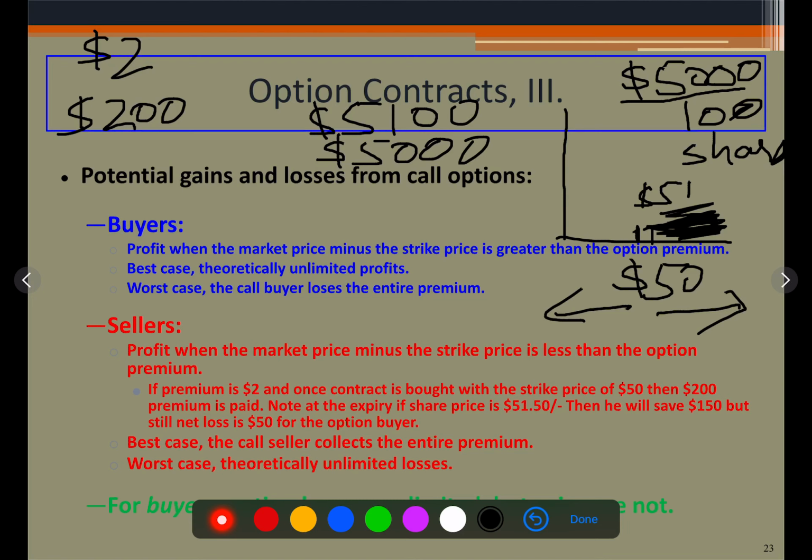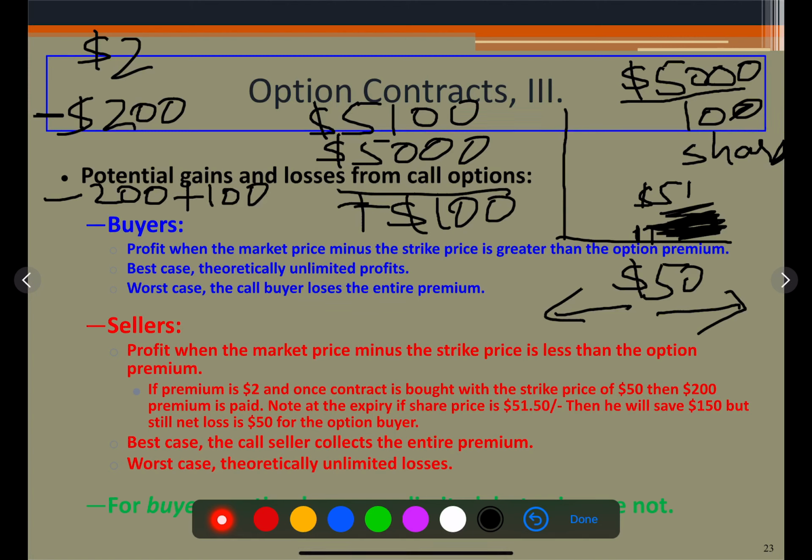So that's actually the positive thing. It's a sort of cash inflow to him, but he already has paid the premium, which is minus. So he paid 200, but he saved 100. So his net loss is minus 200 plus 100, which is equal to minus 100.